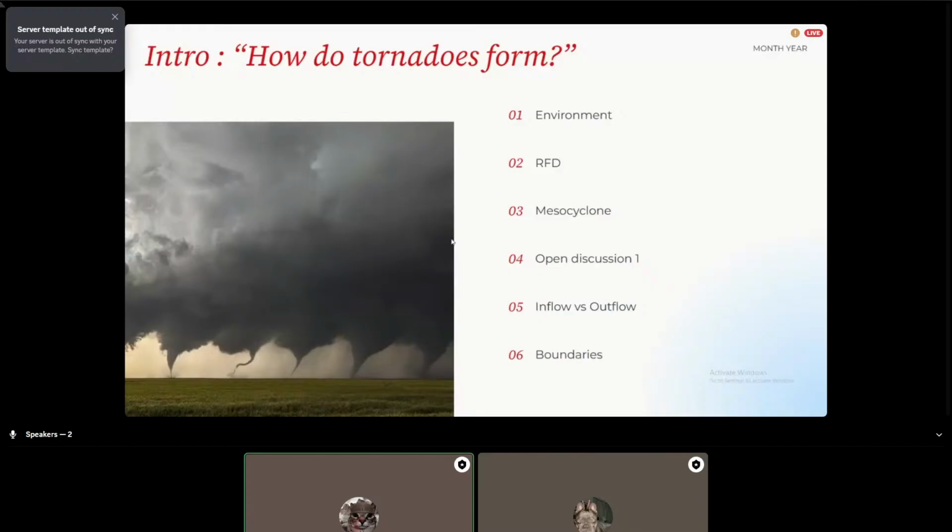But when we're talking about the actual visuals, it's going past this, which you should already be past, knowing the environment, the ingredients, the wrapping of the RFD, the clear slot, all of that. Basically, just a little bit of an overview. Mesocyclone, the spinning vortex, the vorticity in the air, inflow versus outflow and boundaries, which we will get into on the next slides.